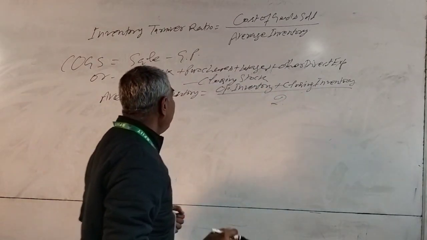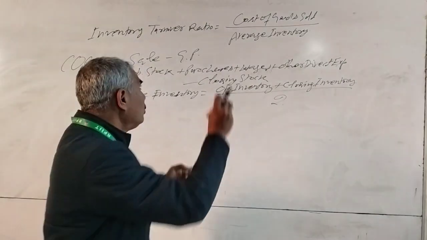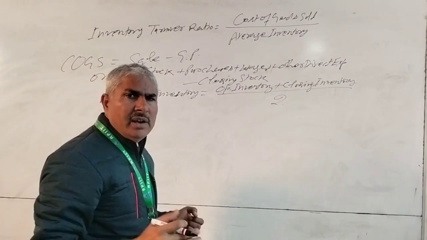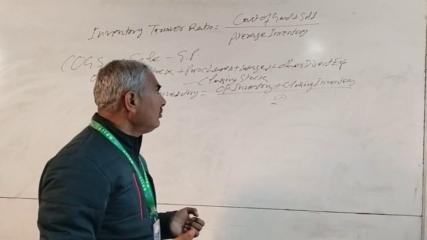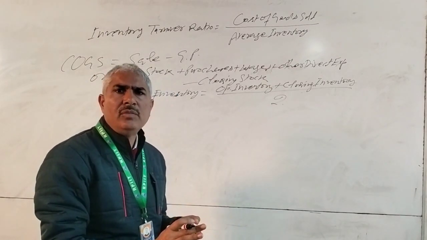After finding the cost of goods sold and average inventory, we put them into the formula and calculate the inventory turnover ratio. Higher the ratio, better for the firm.